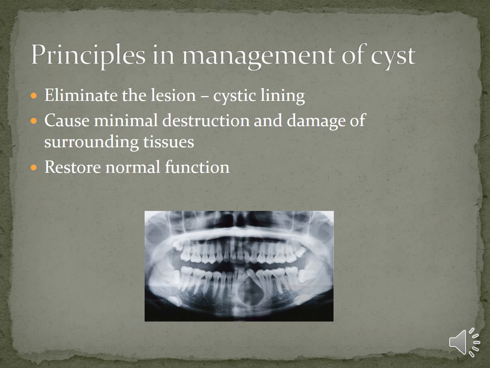The principles of managing a cyst are to eliminate the lesion, that is, eliminate the cyst along with the cystic lining, cause minimal destruction or damage to surrounding structures like the inferior alveolar nerve in case of the lower jaw, and restore normal function. If the cyst is large enough, then reconstruction is needed to restore normal function. These are the three basic principles to bear in mind when you treat a cyst.